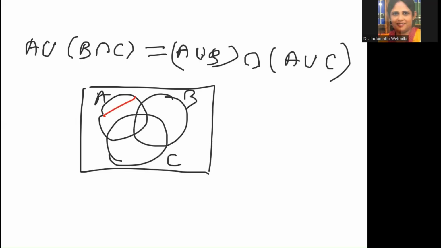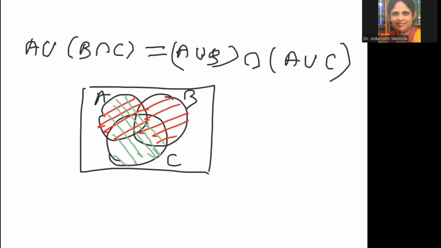A union C, I use another color, equals this part.